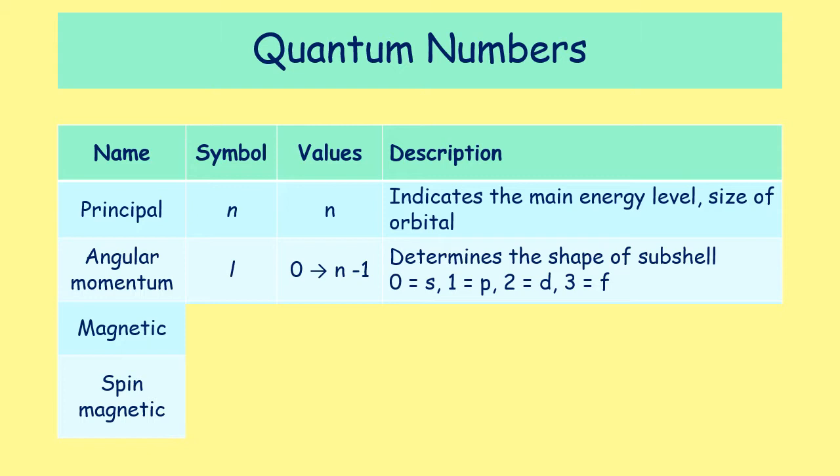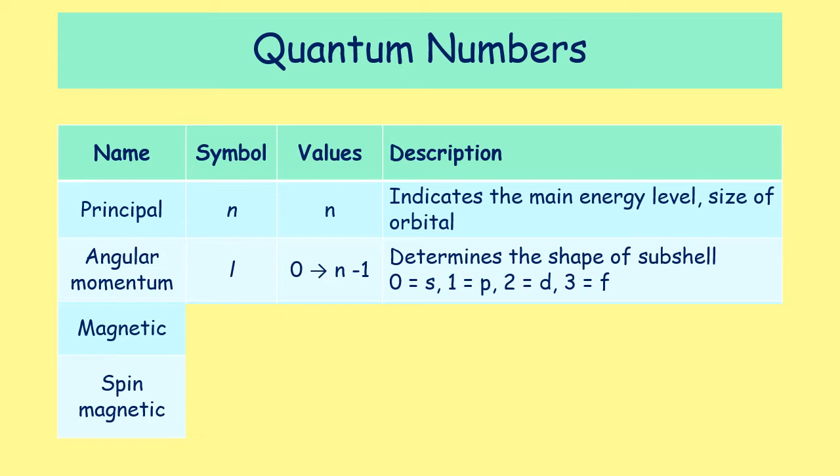Now the values that l can have might seem strange, but they can go from 0 to n minus 1. What this means is that for each principal quantum number, you can get a range of angular momentums. That is because some principal quantum numbers will have s, p, and d orbitals in them. Some principal quantum numbers might only have an s.